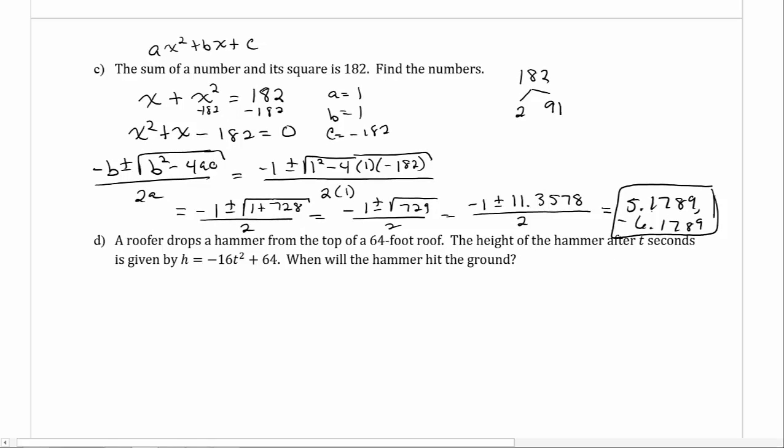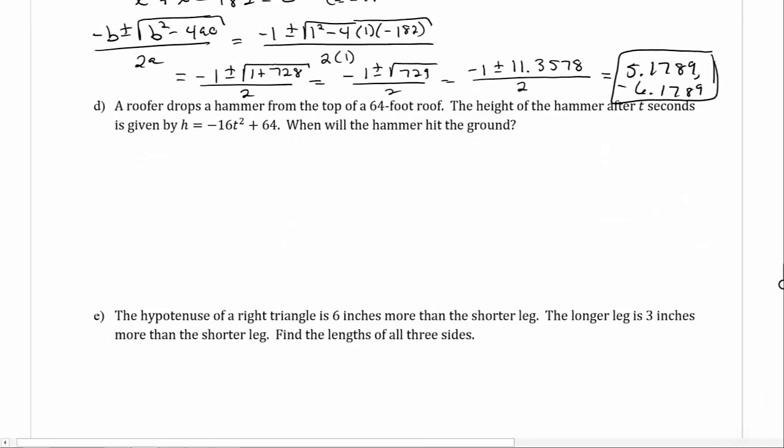And so it also wanted the square of these numbers. And so this would be our value for x, the 5.1789, and the -6.1789.